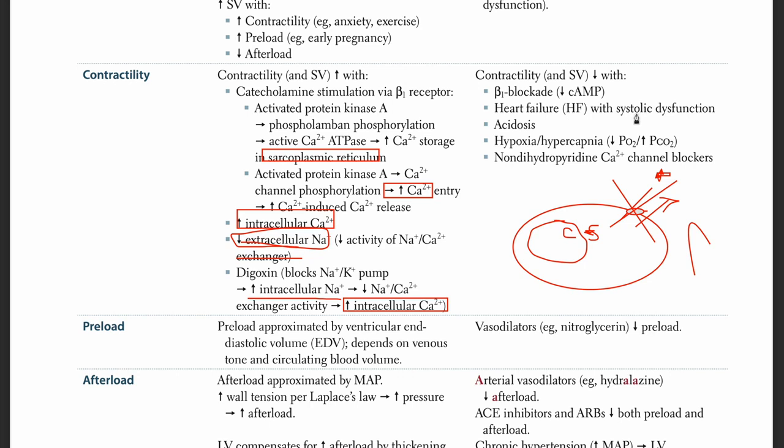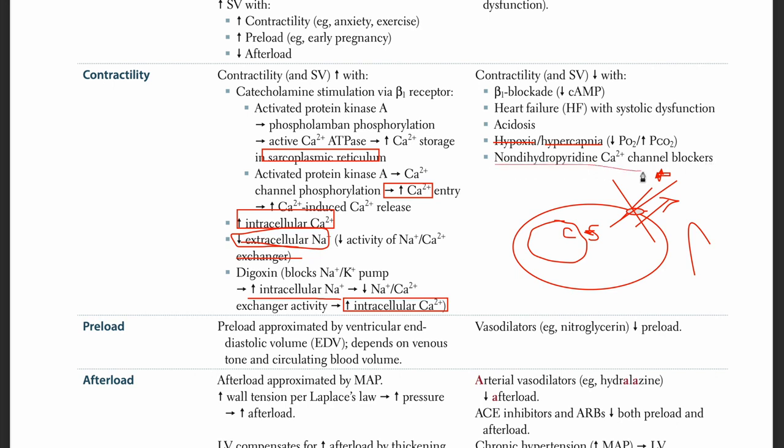Heart failure with systolic dysfunction, acidosis, hypoxia, hypercapnia, a decrease in PO2, increase in PCO2. Then you have non-dihydropyridine calcium channel blockers.